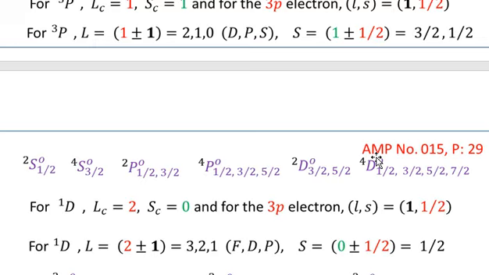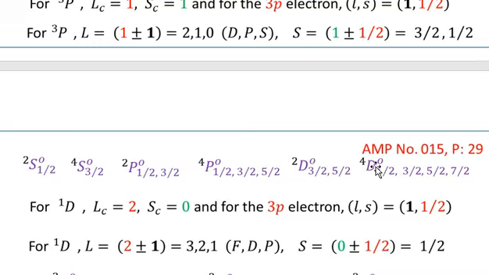The terms with multiplicity 4 have the lowest energy. So when all these three terms have multiplicities equal to 4, that is, 4S, 4P, and 4D terms, these have the highest multiplicities. When the multiplicities of some terms are equal, then we look at the values of capital L. The term with the highest value of capital L will have the lowest energy.